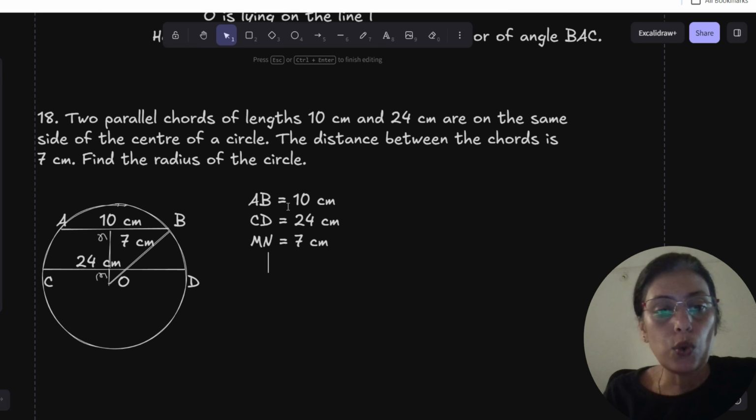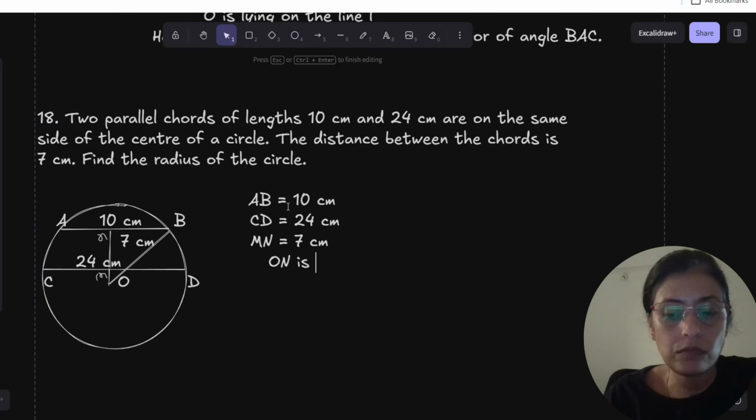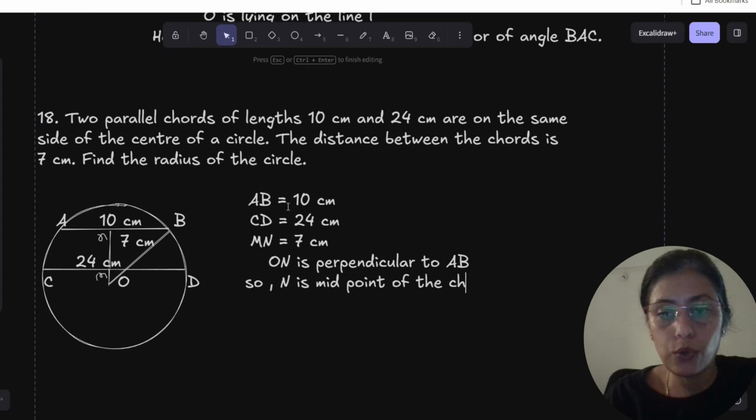Now, what else do we know? Because ON is perpendicular to AB, N is the midpoint of the chord. You need to write which theorem this is.